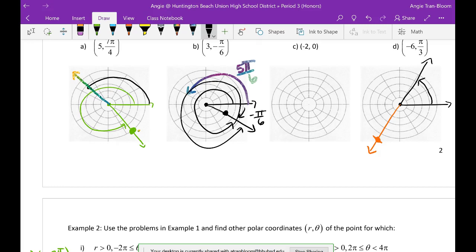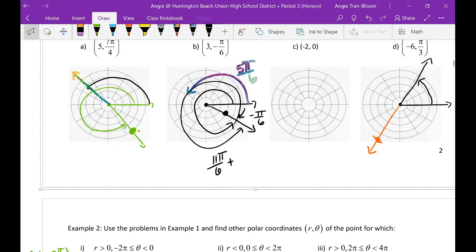So I can take the positive angle. So what was the first time around? 11 pi over 6. Plus a full revolution. Okay. So 11 pi over 6 plus 2 pi. So that's 12 over 6. So what's the final answer? All right. Write that down as I correct.